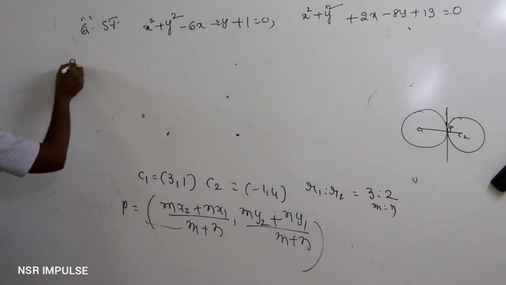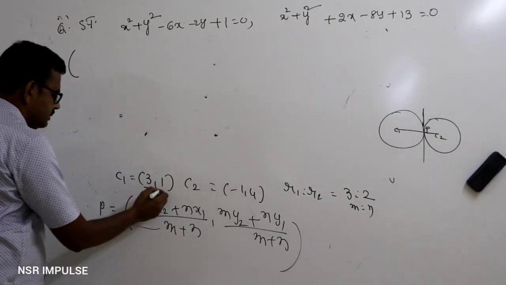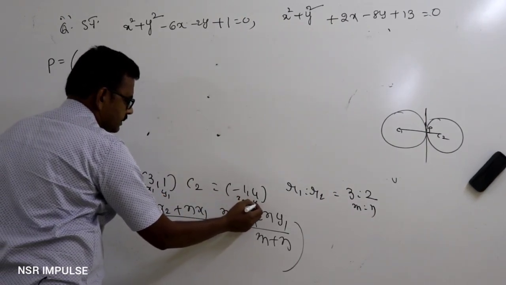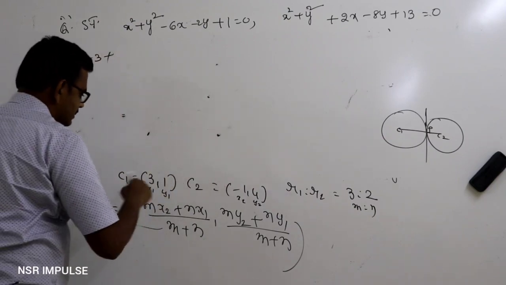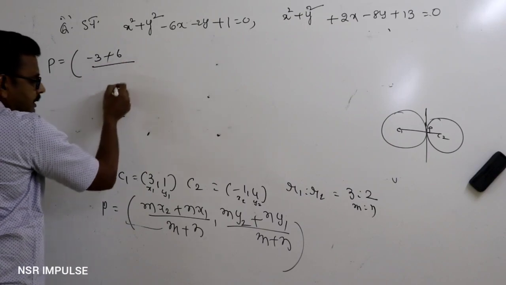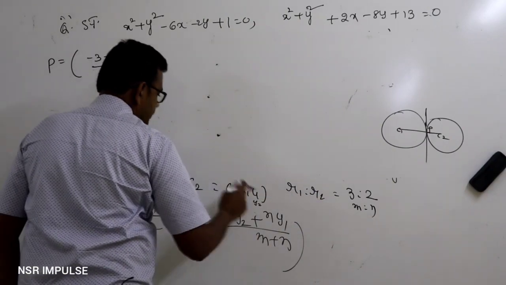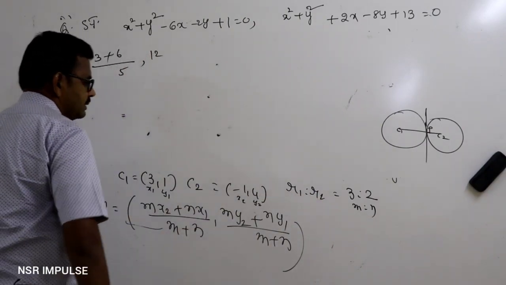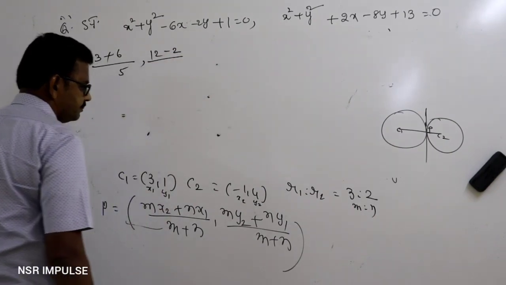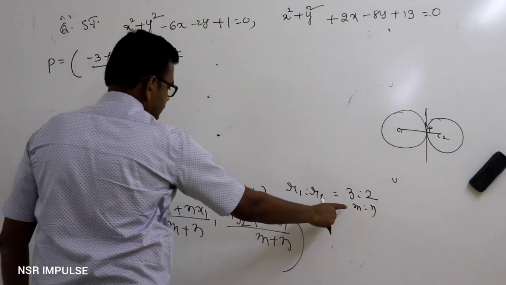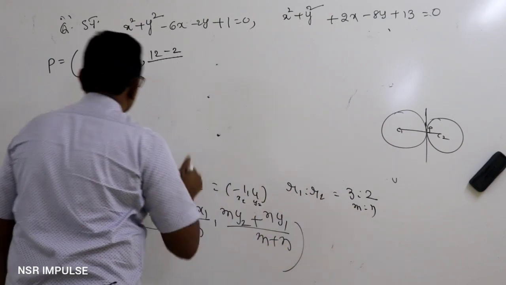So the point of contact P is equal to, with (x1, y1) and (x2, y2), m x2 is minus 3 plus n x1 is 6, by m plus n, 5, and m y2 is 12 plus n y1 is 2, by 5.